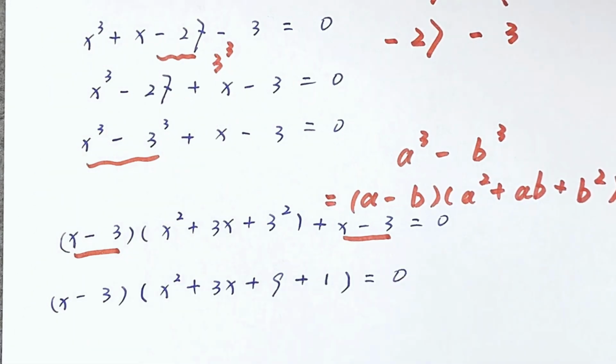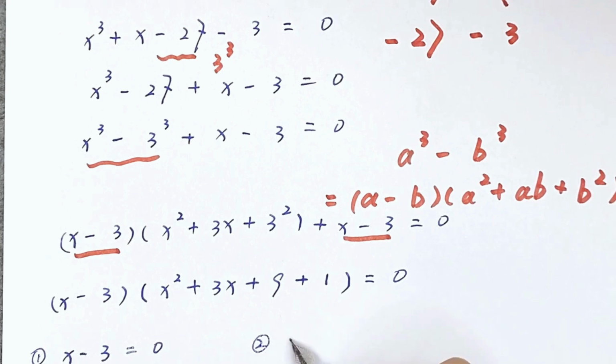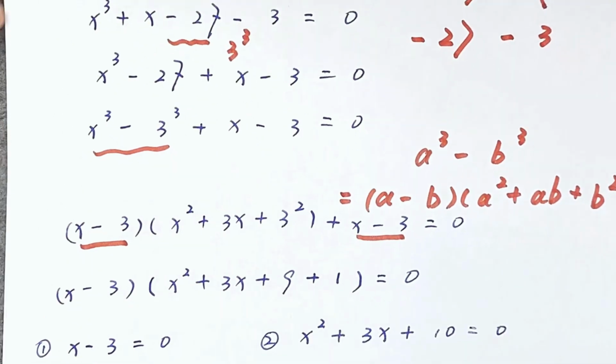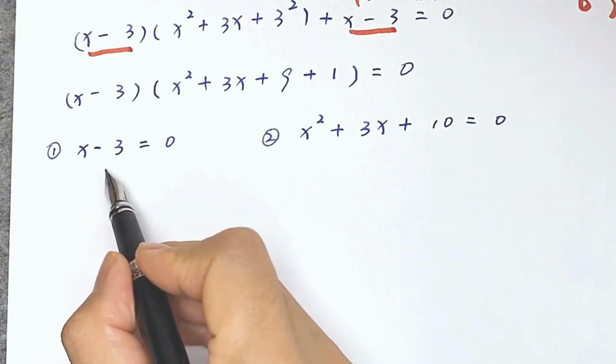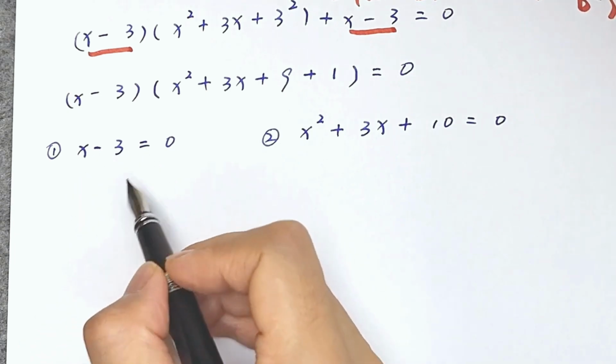Then we have two cases: x minus 3 equals 0, and another case is x squared plus 3x plus 10 equals 0.